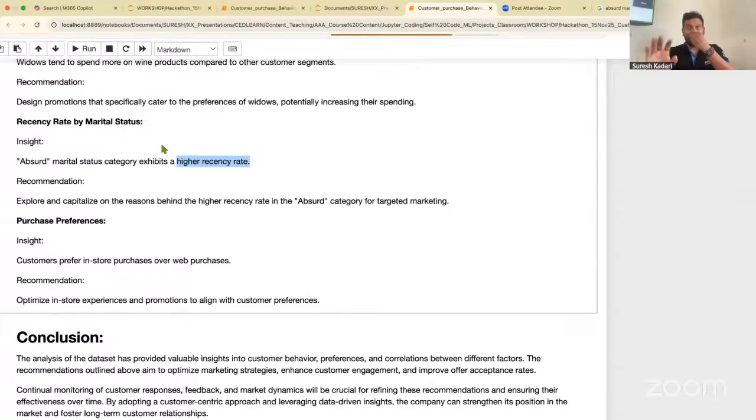Okay, too complicated. That marital status, guys. Okay, because it's not a standard one. Maybe these guys invented it. Explore and capitalize on the reasons behind the higher recency rate. Explore why these people are coming more. Okay, why do that? Absurd category for target marketing.